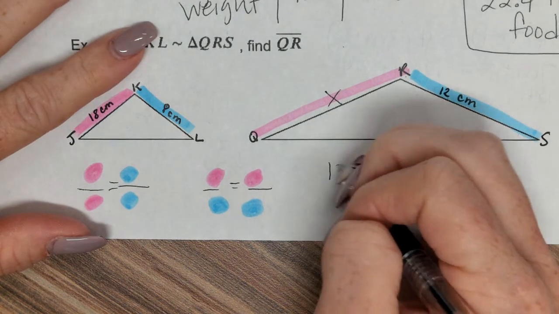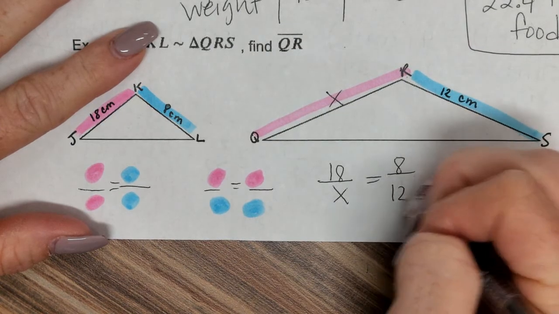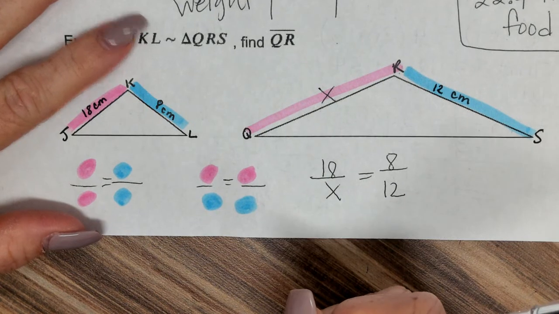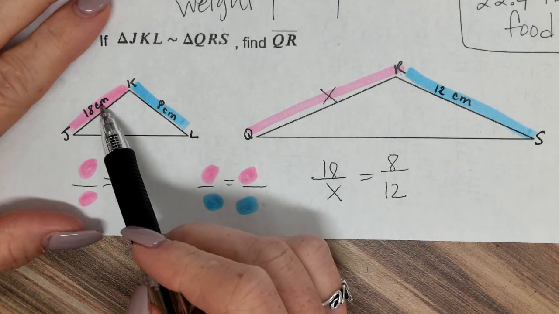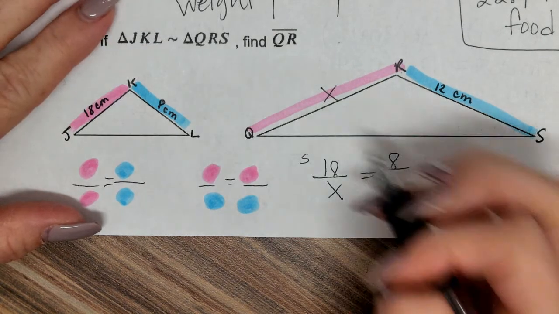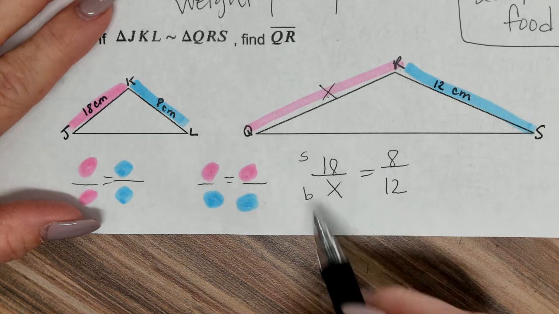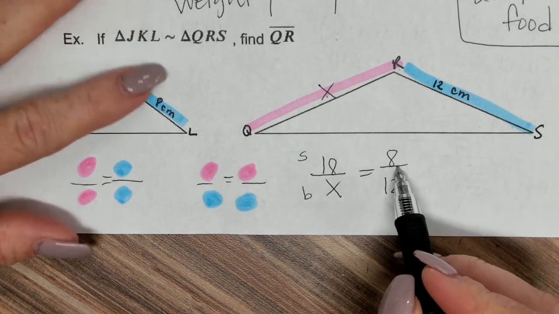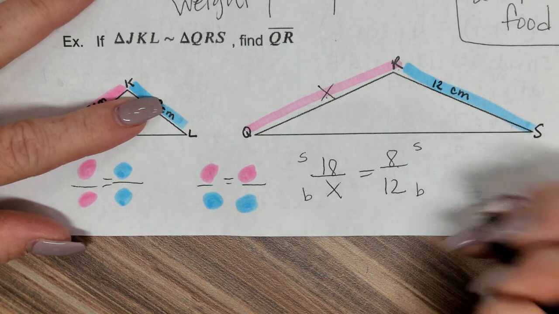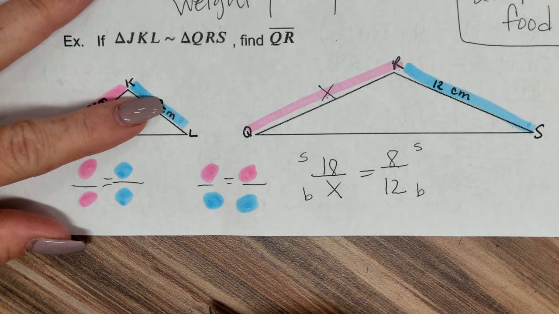So I would do 18 goes with X as 8 goes with 12. Now, how do I know that's set up correctly? Because 18 is coming from the small triangle, and X is coming from the big triangle. If this is set up correctly, then the 8 has to be coming from the small triangle and 12 from the big. See how I have both smalls on top, both bigs on bottom?